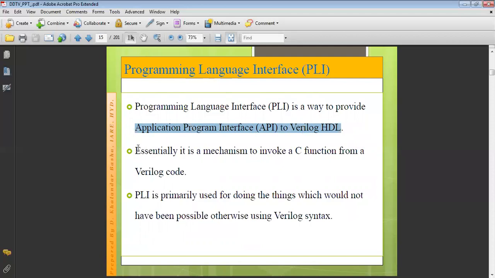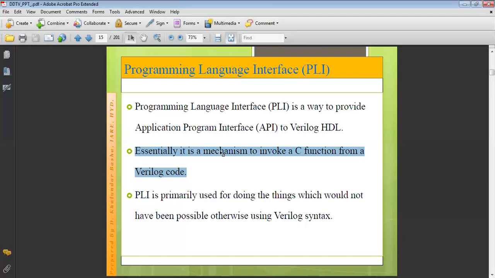Essentially, it is a mechanism to invoke a C function from Verilog code here. The PLI is primarily used for doing things which would not have been possible otherwise using Verilog syntax here. So these are the operations performed by the PLI here.